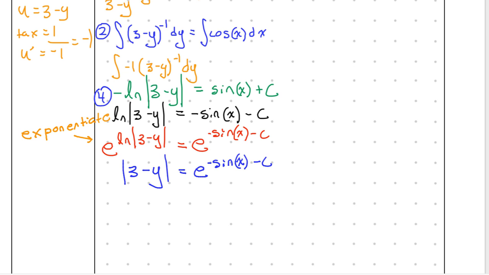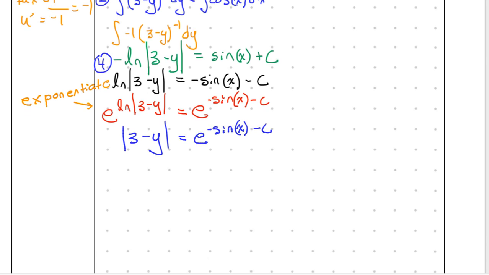Okay, so now we need to get rid of these absolute value signs. Have you ever gotten rid of an absolute value sign before? I think we have, and we might not have remembered, but the way that you do that is you just drop them. You drop them, and you have 3 minus y is equal to, and then whatever is outside of that gets a plus or minus.